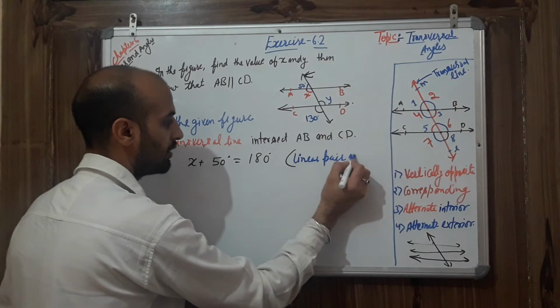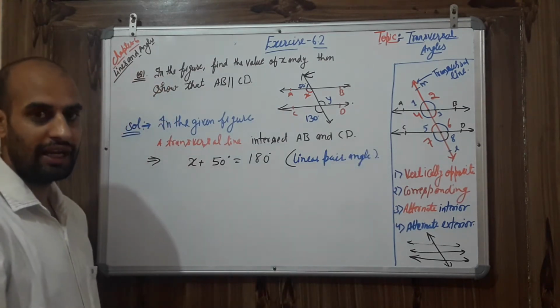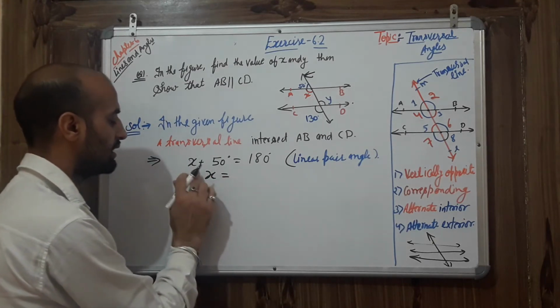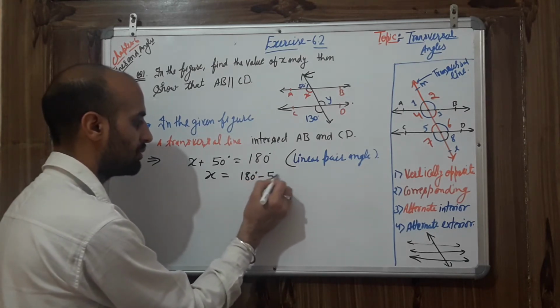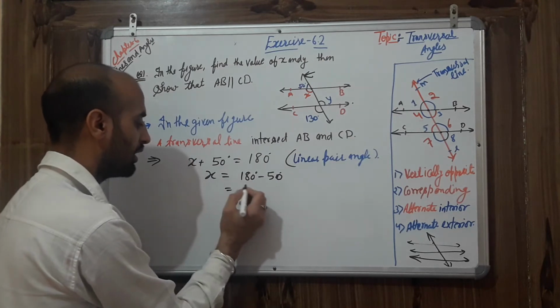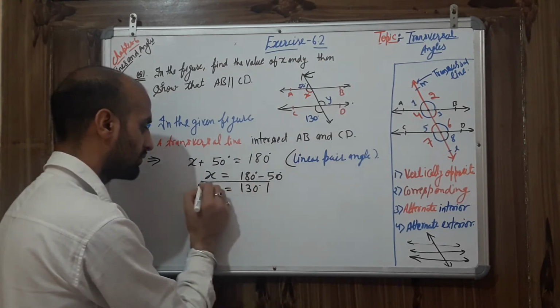Linear pair angle. Or you can say linear pair axiom. Theorem it is. From here you need to calculate the value of x. Shift this 50 to second side, it becomes 180 minus 50 degree. So after this subtraction, you will get 130 degree. This is the value of x.